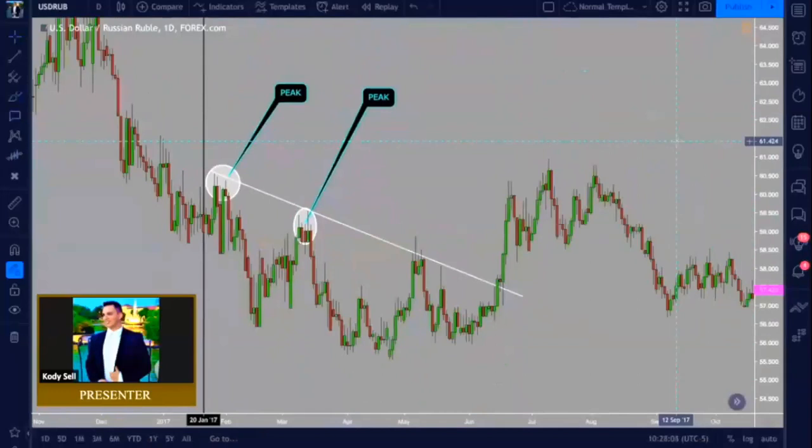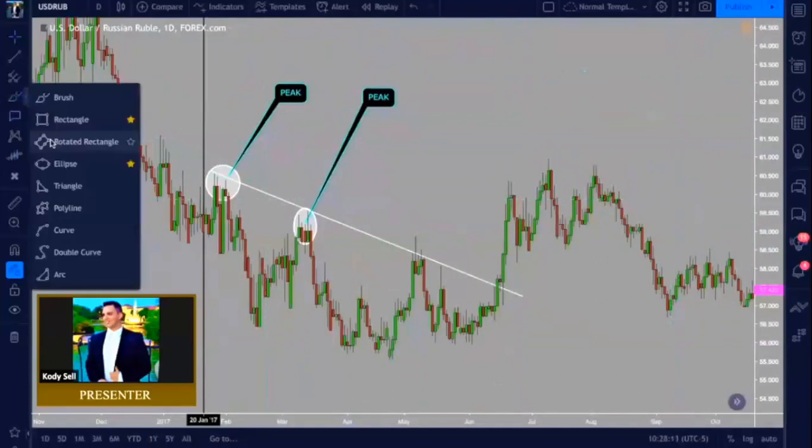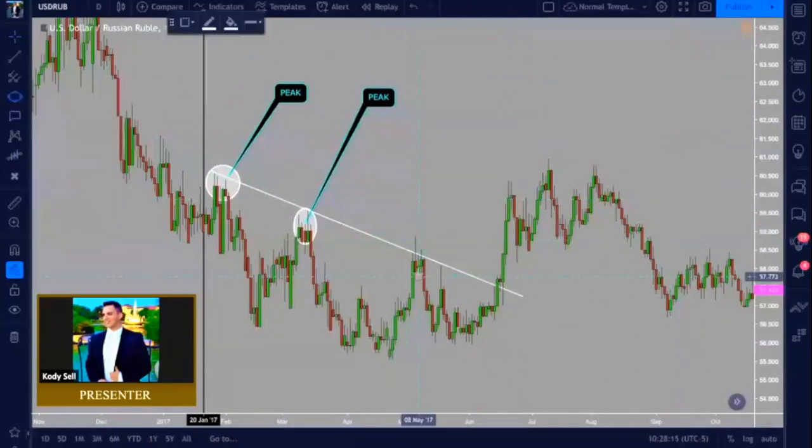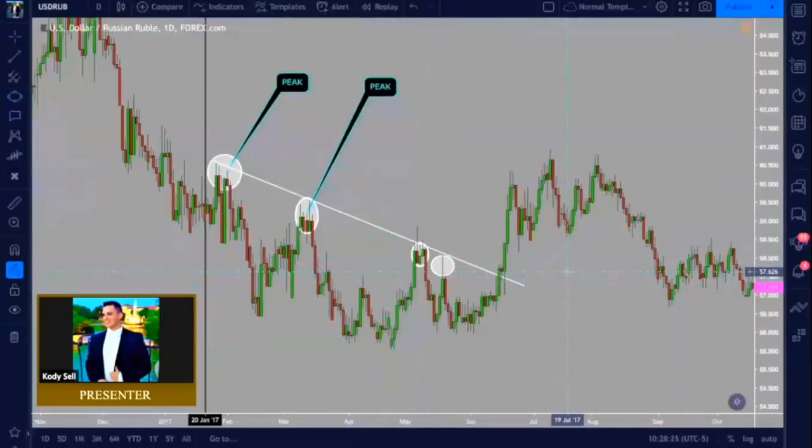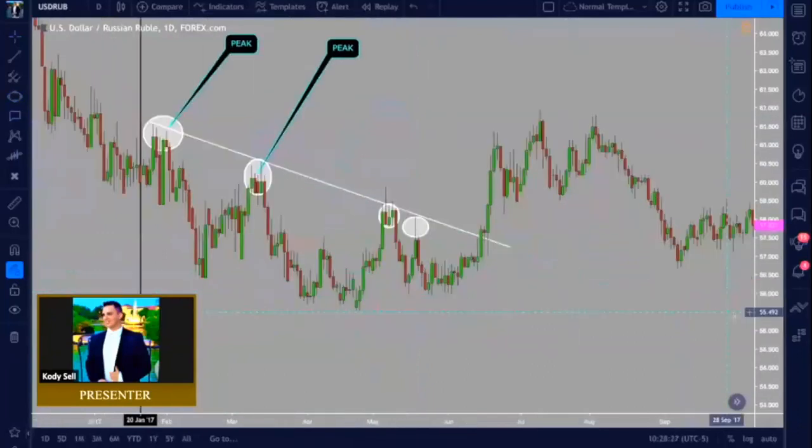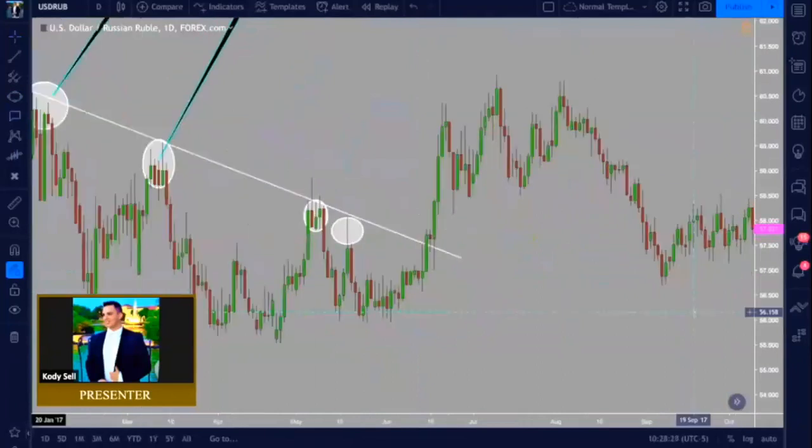So now, notice how when we connect these peaks, what happens when price gets back up? We fall again. And then price comes back up right here, we fall again. And then remember how when we discussed support and resistance horizontally, we'd like to see that it takes strong momentum to break through the level.